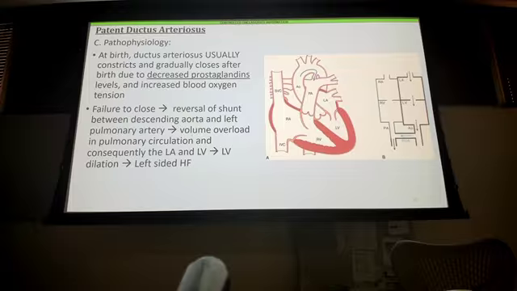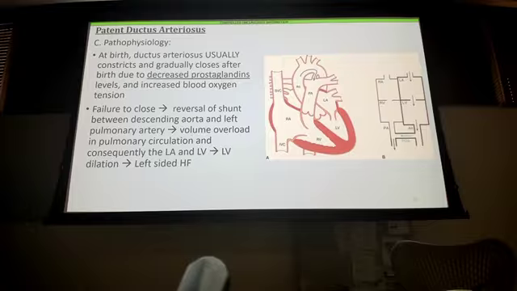So I decrease my prostaglandins, this thing closes up. But if I have somebody, a premature baby, where that prostaglandin synthesis remains high to maintain that being open, then you're not going to have the signals there to close that shunt.